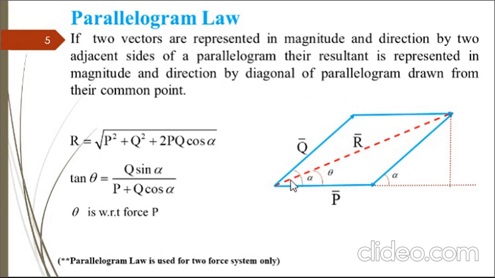You can see here the red color line, nothing but the diagonal representing the resultant vector R, and this will be drawn from their common point towards the opposite end.